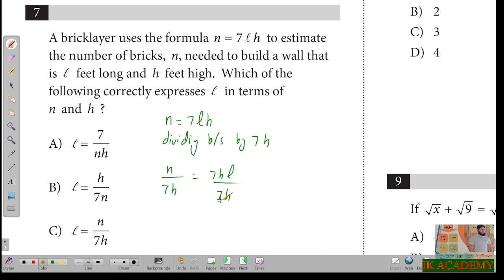So 7H will be cancelled. So we can express L in terms of N and H as L is equal to N by 7H, which is option number C.